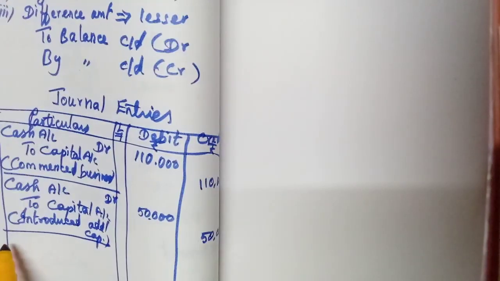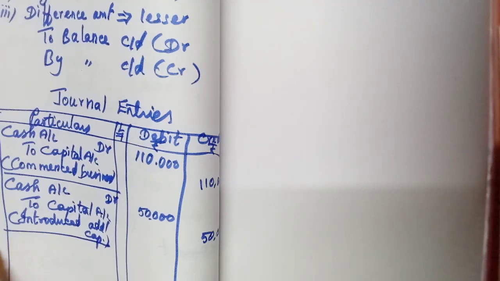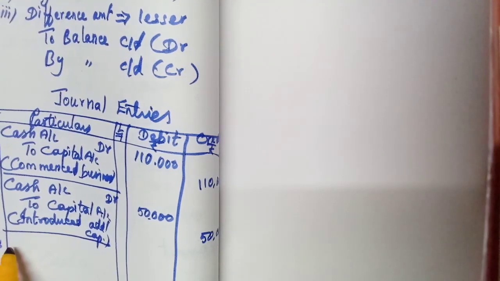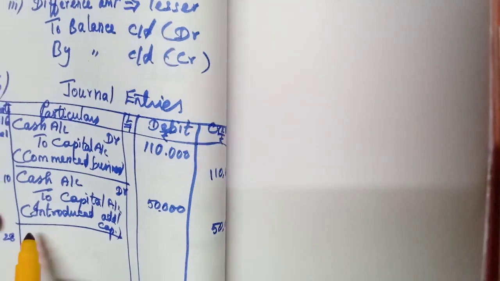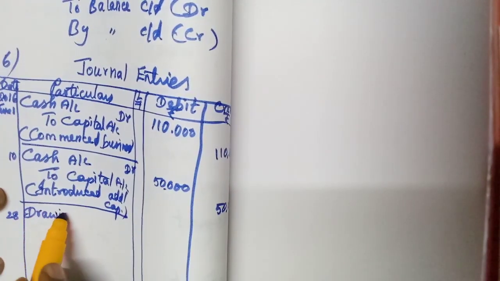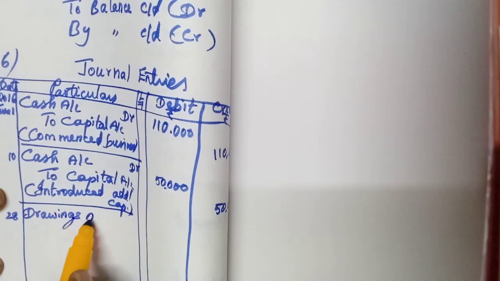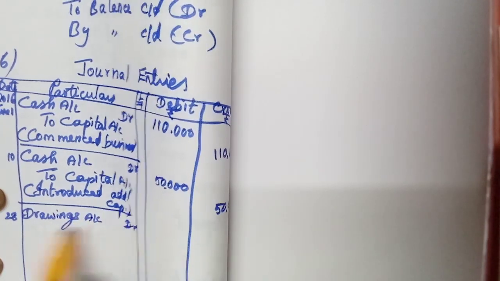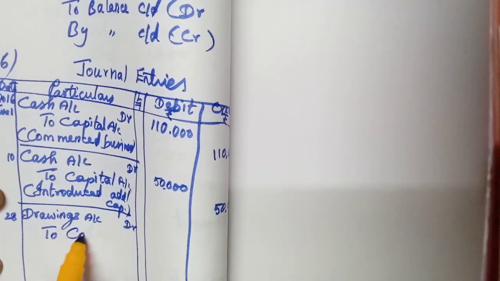Third journal entry, withdrawn for personal use. Date is 28. What is the journal entry? Withdrawn for personal use, we know that is drawings, so drawings must be debited. Drawings account debtor to cash. Cash is going outside.